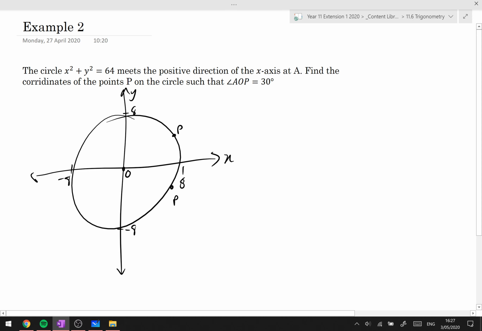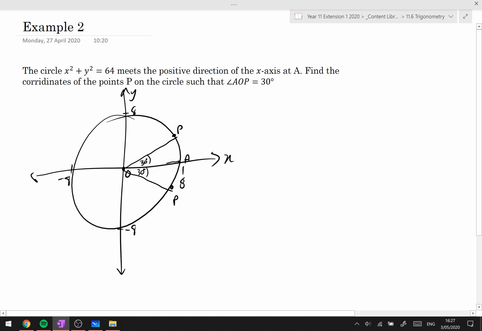Here's A along the x-axis. When I make my angle, it comes along here and shoots back up along here. So that's 30 degrees in there. Alternatively, I could have the angle in there, which is 30 degrees there.